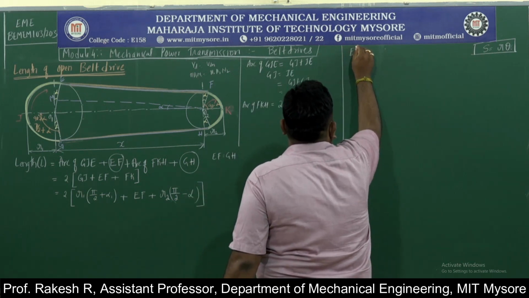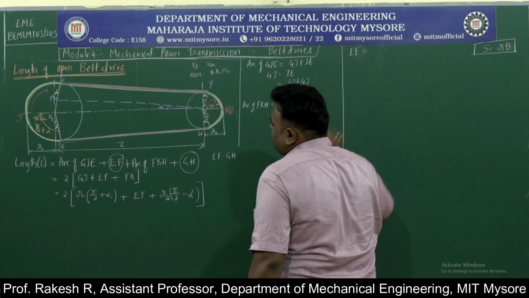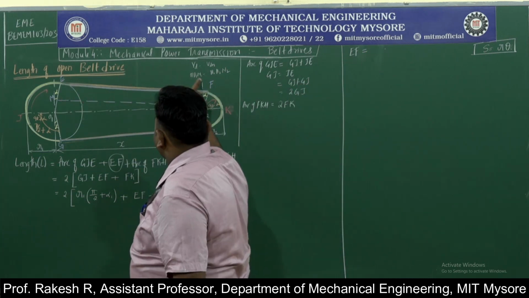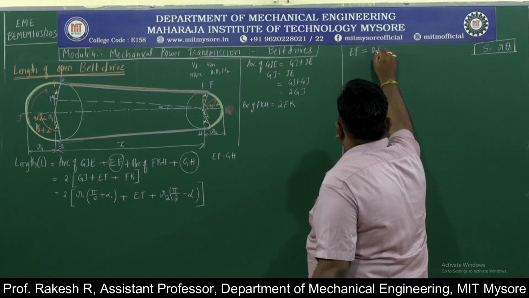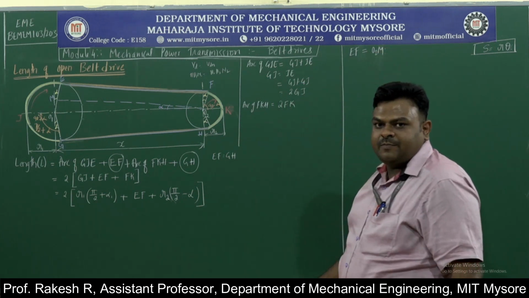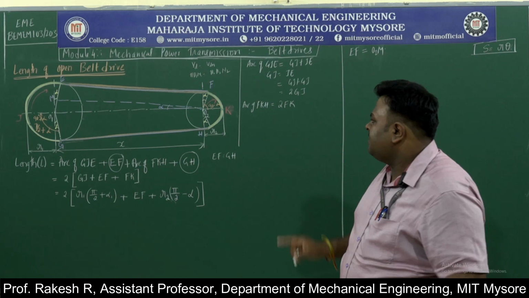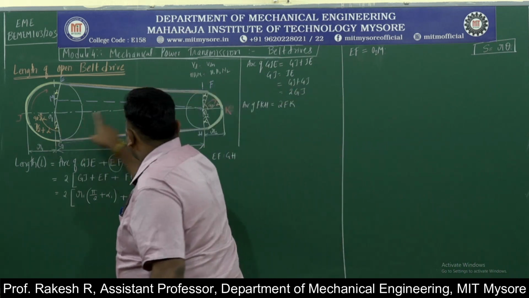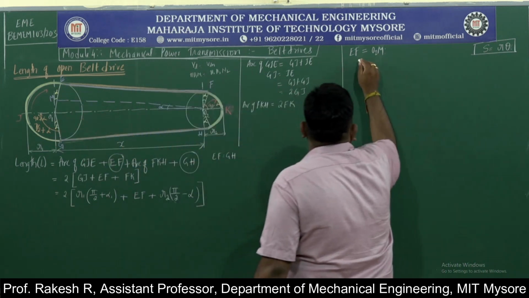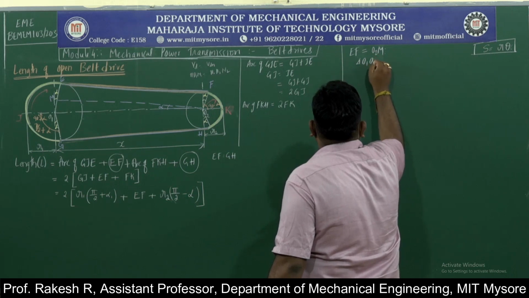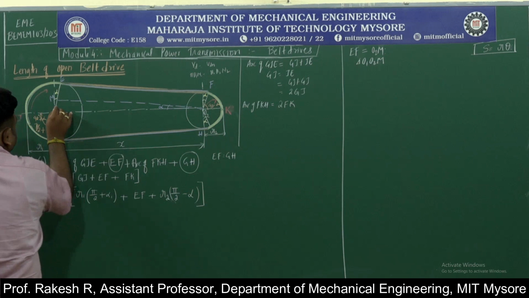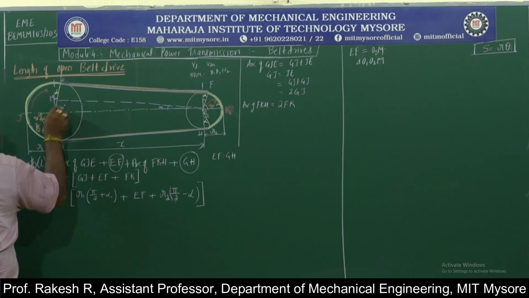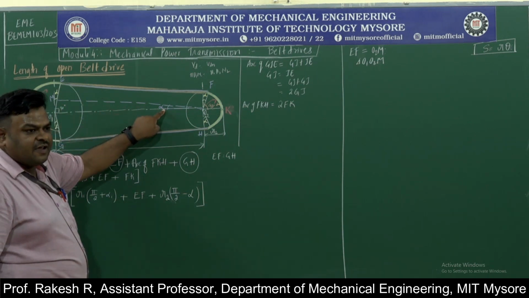So this EF is equal to O2M. I will be considering a triangle O1, O2, M. So consider triangle O1, O2, M. In this triangle, this is 90 degree line. Opposite is alpha angle.